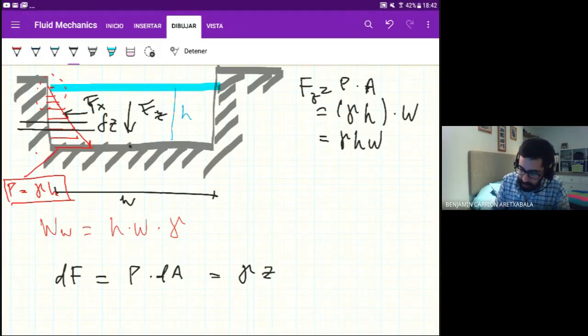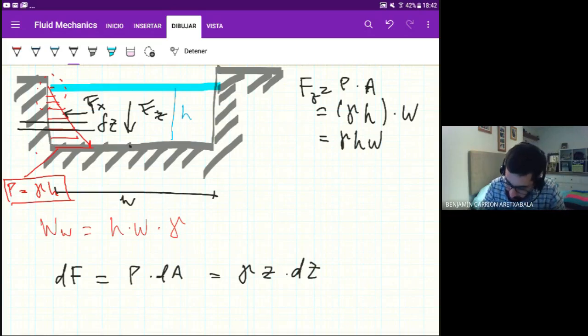We're going to be measuring z downwards, and delta area is going to be nothing more than the delta z. This is assuming that z goes in this direction. If it's in the other direction, then you're going to have a minus here because z is going to be negative. Is that clear or is it confusing?